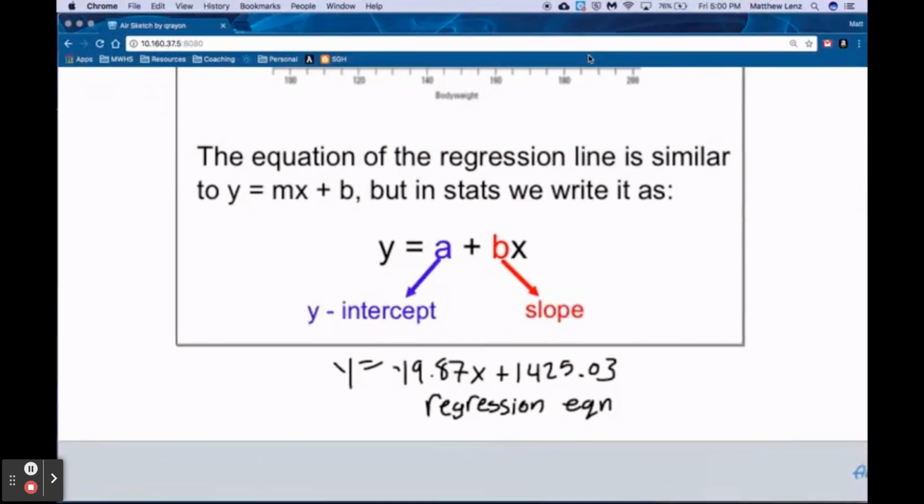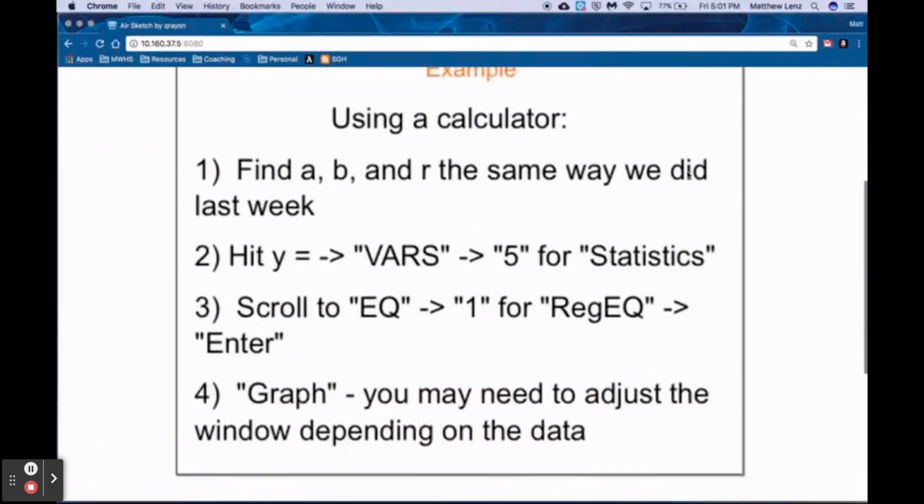Now, what I'm going to show you is how to take that equation and graph it on your calculator. Because remember, I rounded those numbers. If I type that into y equals, I'm going to get an estimate of what the line looks like, not an exact example of what the line looks like. Whereas there is a step-by-step process that we can follow.